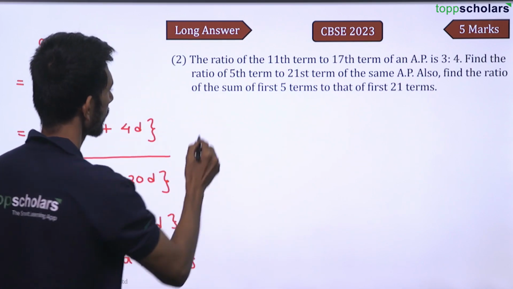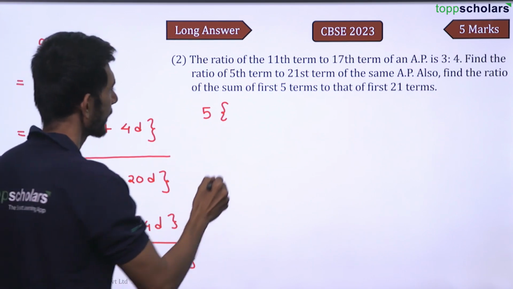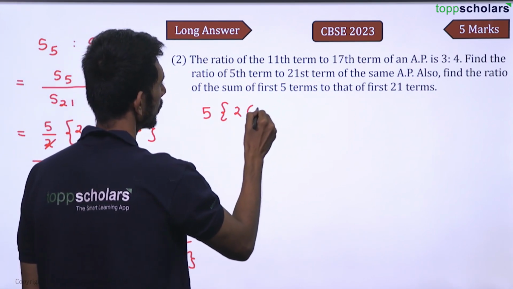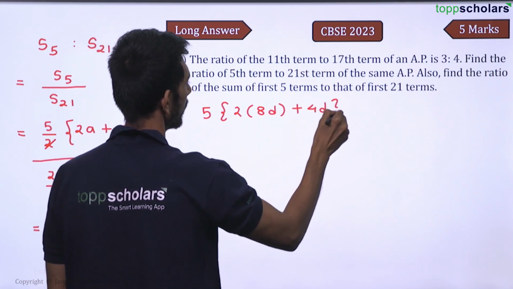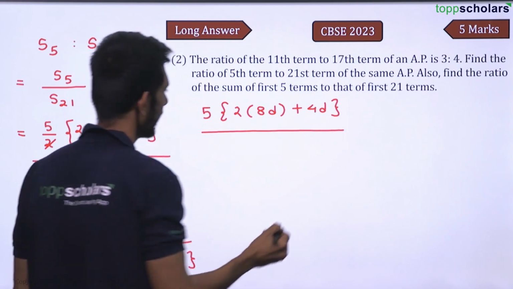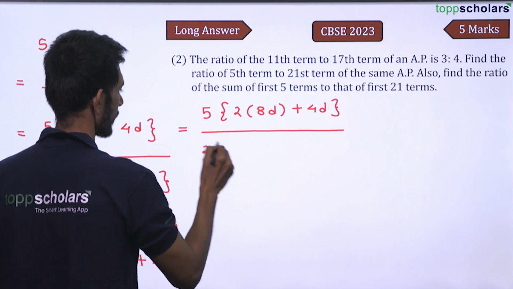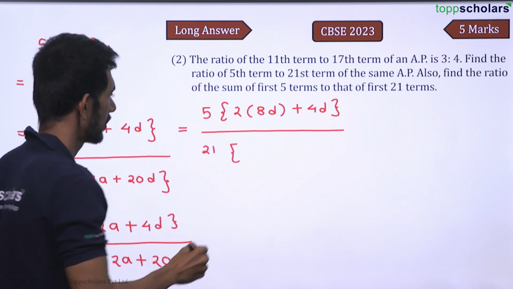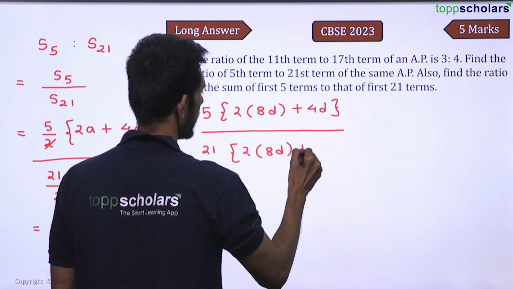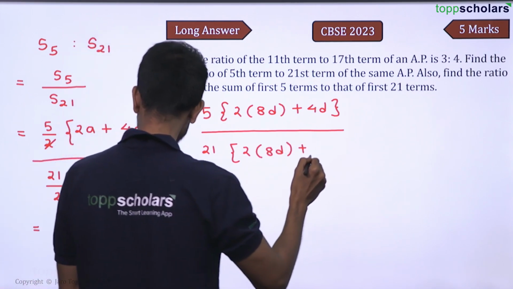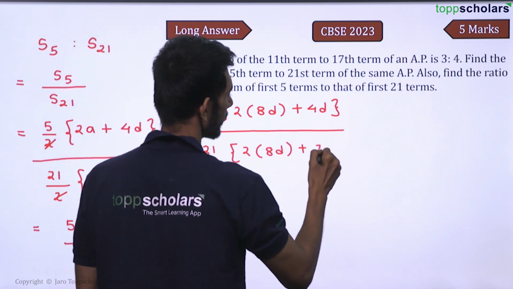So this becomes 5 into 2a, that is 2 into 8d plus 4d, by 21 into 2 into 8d plus 20d.